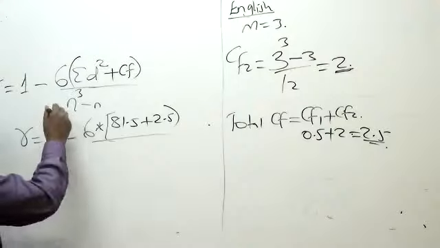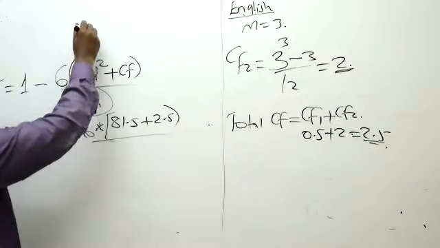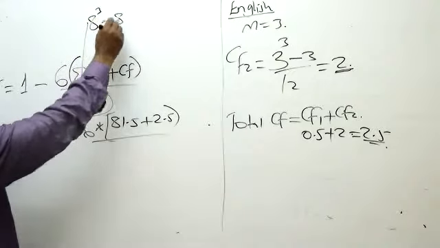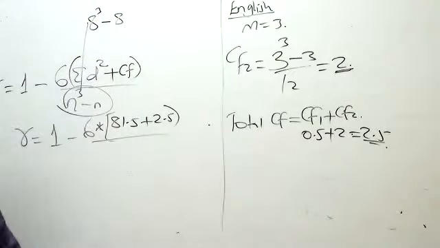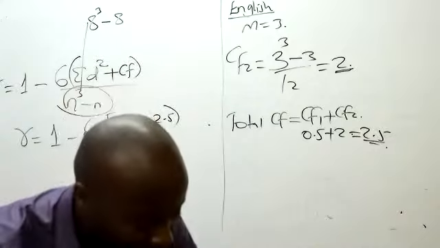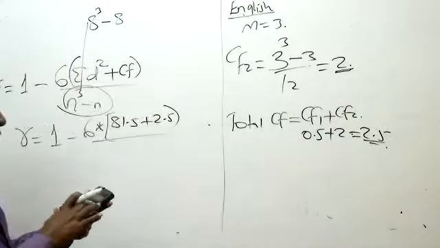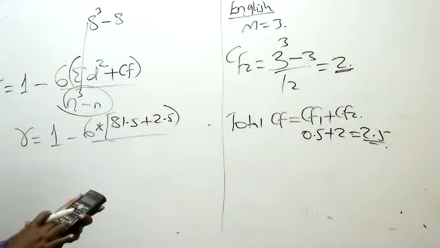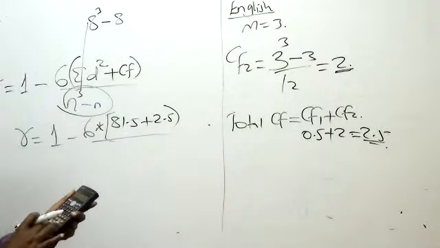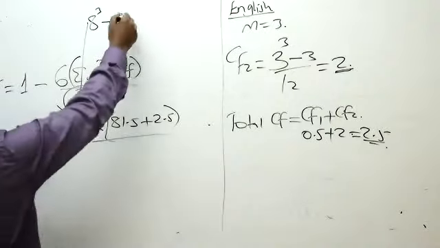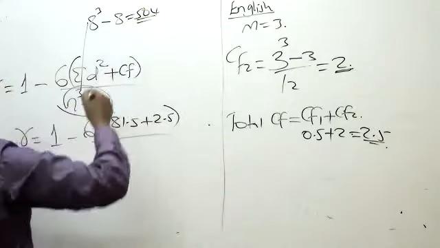Actually, this one I normally prefer doing separately, because I'll talk of 8 cubed minus 8. So we have 8 raised to power 3 minus 8, which at the end of the day gives us 504.